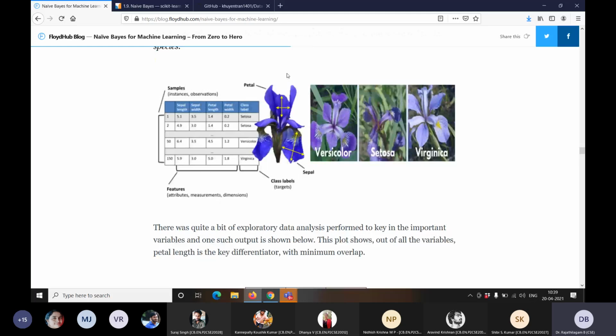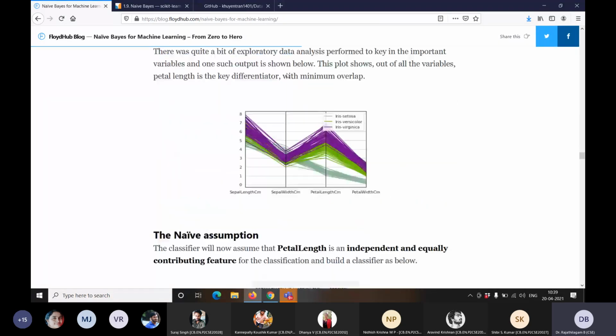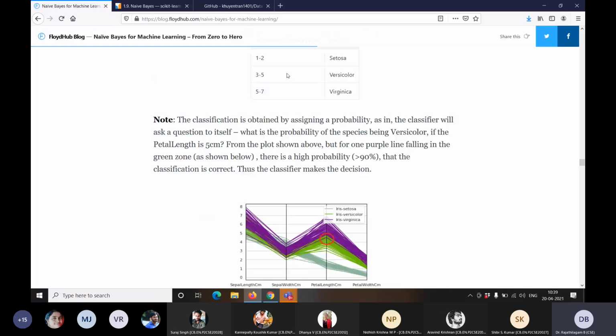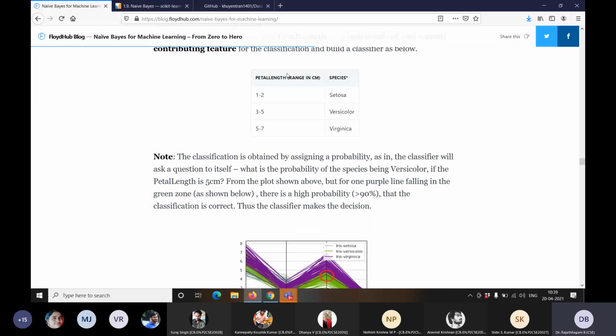The petal length is different for all the three, and that can be used for classifying. So let's just take only petal length. If the petal length, the range in centimeters, is 1 to 2 centimeter, the flower type is setosa. 3 to 5 centimeter is versicolor. 5 to 7 centimeter is virginica.